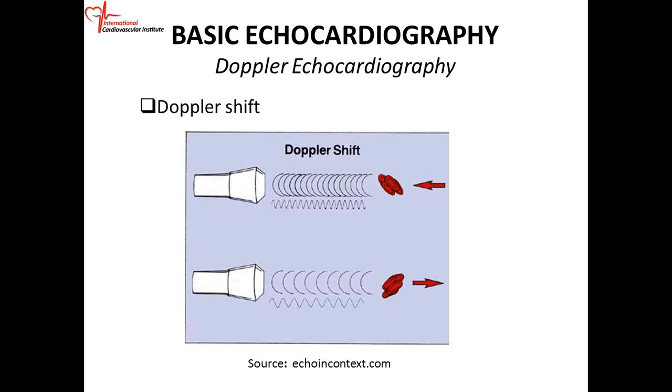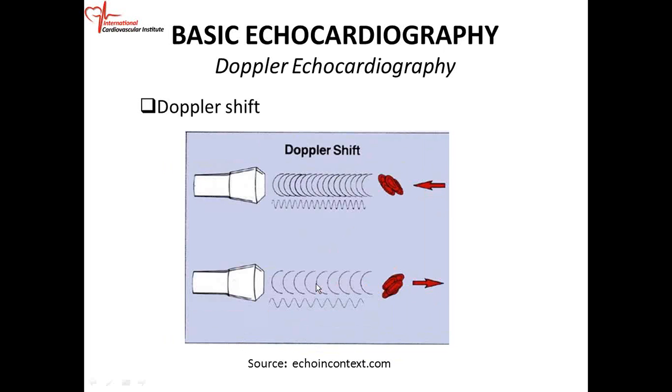So if the frequency increases, then the wavelength is going to decrease, because the speed of sound in any medium is constant. So if the frequency increases, you expect the wavelength to decrease, right? So the blood is moving towards the transducer, and you see the wave bunches up, multiple crests.